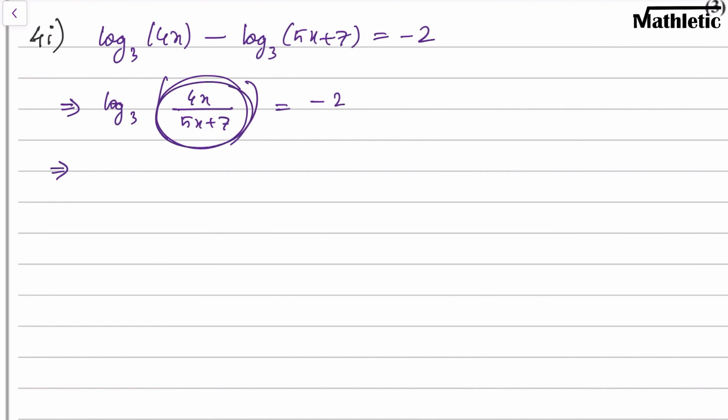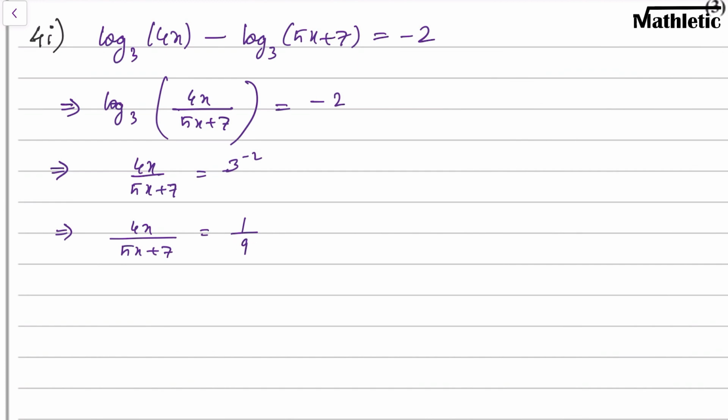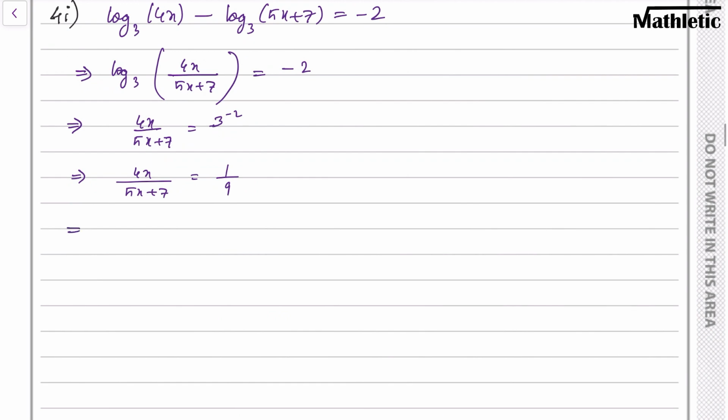So if I subject this part, this will be converted into index form, 3 to the power minus 2, which is 1 by 3 square, as in 1 by 9. Next, I will just use the cross multiplication concept.